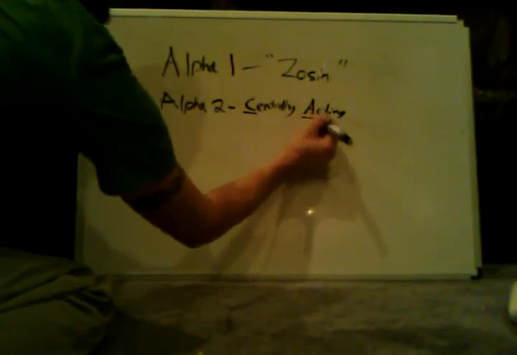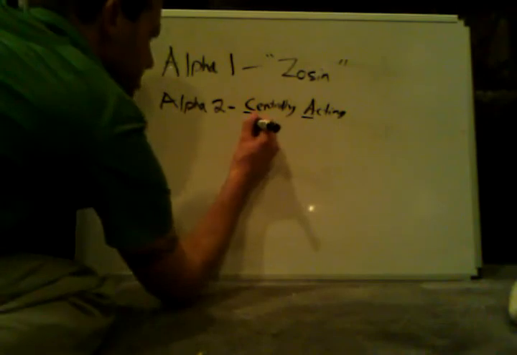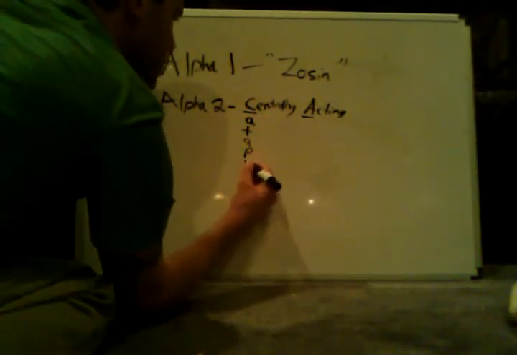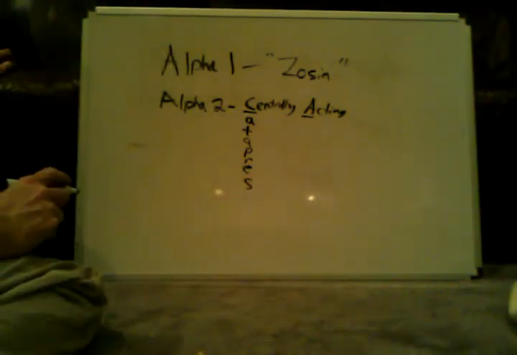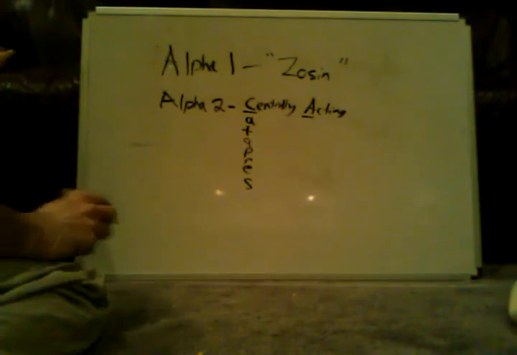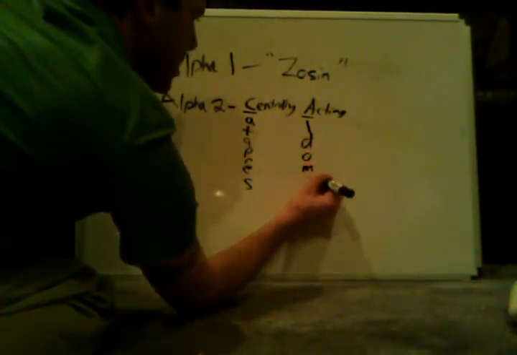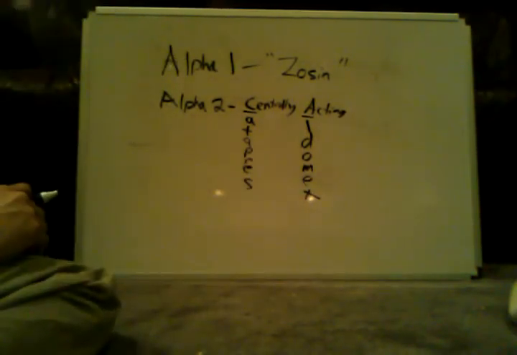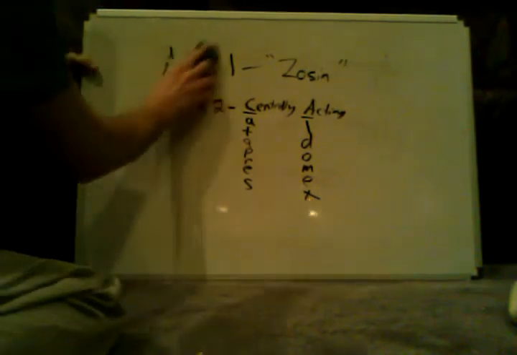Centrally acting. C A. C for Catapres, and A for Aldomet. Okay? So that's how I remember the A's.